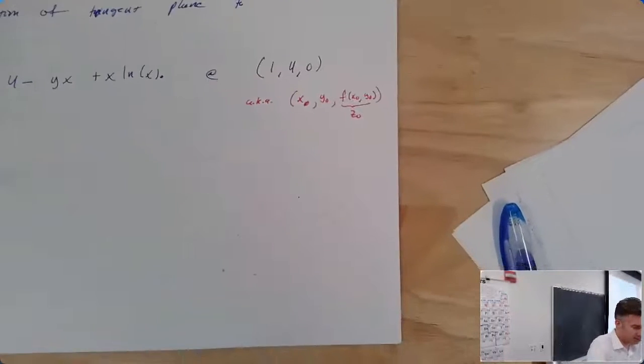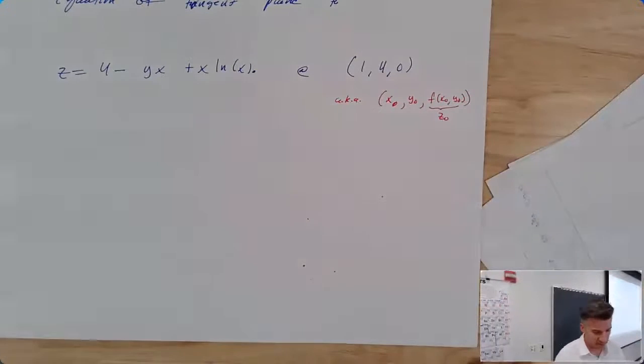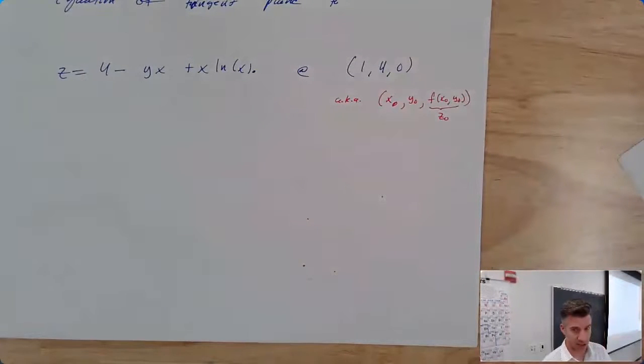What I will point out here is that to do this question, you really do have to have remembered the equation of the tangent plane formula. You could derive it, but that's not the best use of your time. So here's the equation of a tangent plane, also known as the linearization of a function.